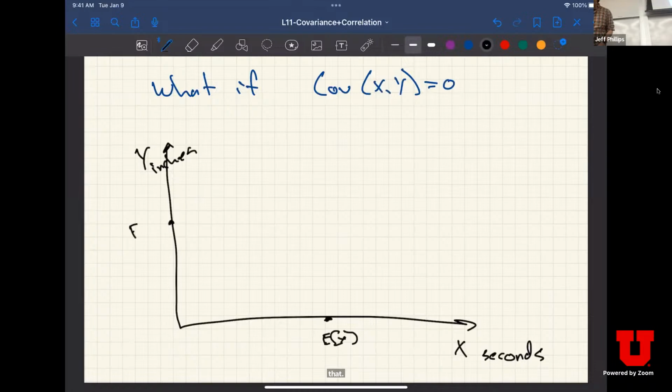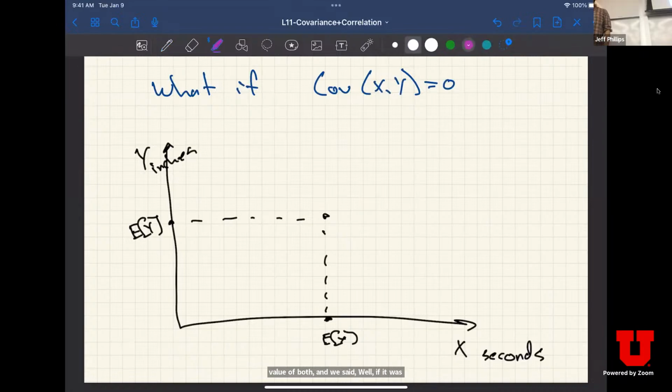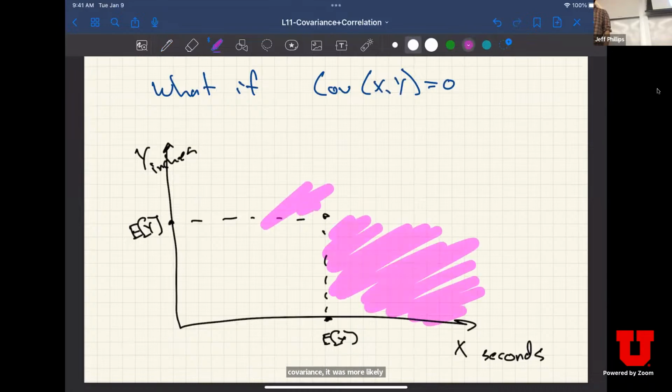There is some tricky stuff that I want to mention about what this says about these random variables and what it does not quite say. Remember we drew this plot. These are the expected values of both. We said if it was negative covariance, it was more likely in this quadrant or this quadrant.